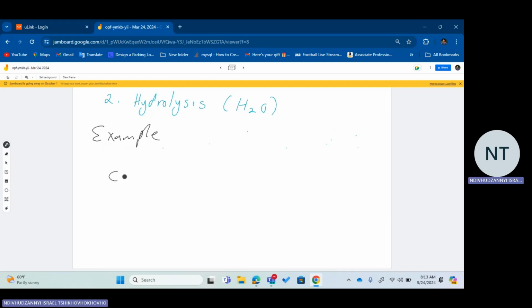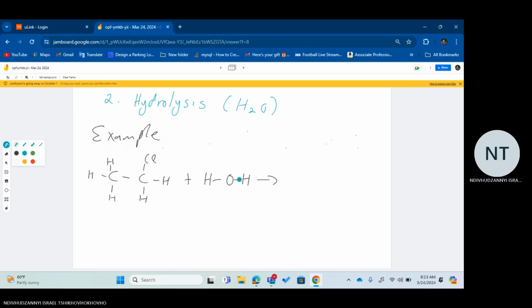So we'll take our haloalkane, add our water to form our alcohol.